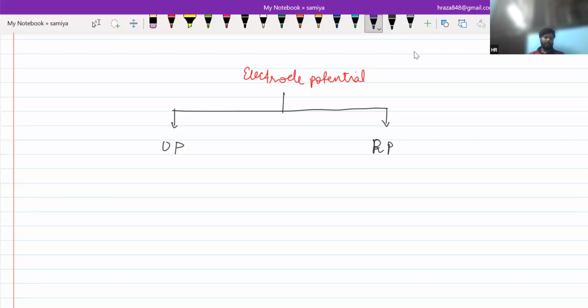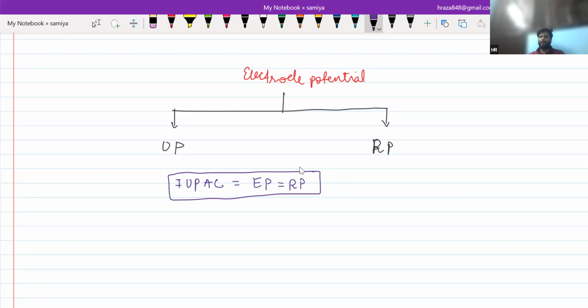But when the question asks to calculate electrode potential, what do we have to calculate? Is it oxidation potential or reduction potential? So according to IUPAC, whenever we talk about electrode potential, we are going to calculate a reduction potential.